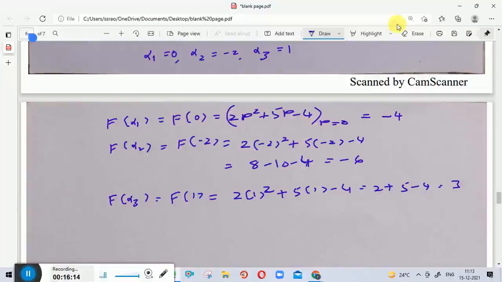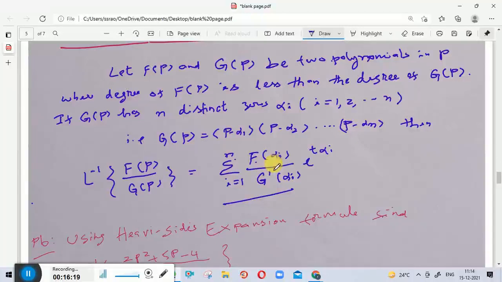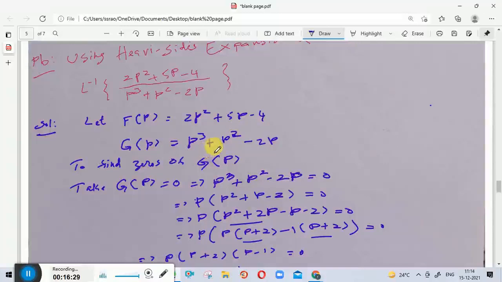Now in the formula we have found f of alpha. Now we need to find g dash of alpha. For that, what do we do? We differentiate g of p. What is g of p? g of p is equal to p cubed plus p square minus 2p, right? Differentiating with respect to p, g dash of p is equal to 3p square plus 2p minus 2.